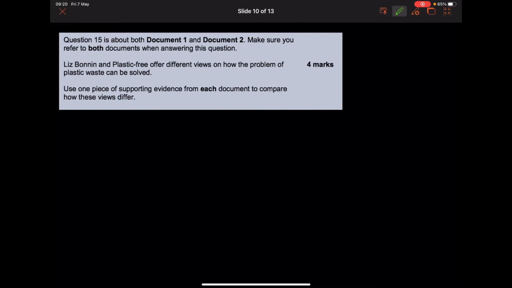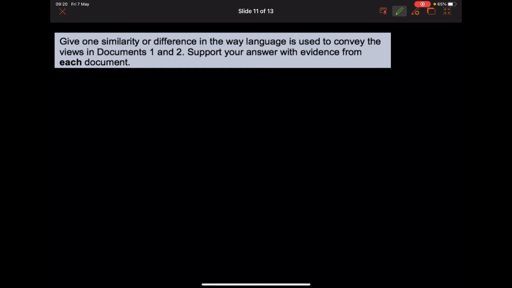Question 15, which I've just taken from a recent functional skills exam paper, is about document 1 and 2, which we've got, and you need to refer to both when answering the question. This one will talk about different views on how the problem of plastic waste can be solved, and you'll need to use some supporting evidence from both documents. Okay, that's that question. Okay, I've got the answer up, but I'm not going to show you yet.